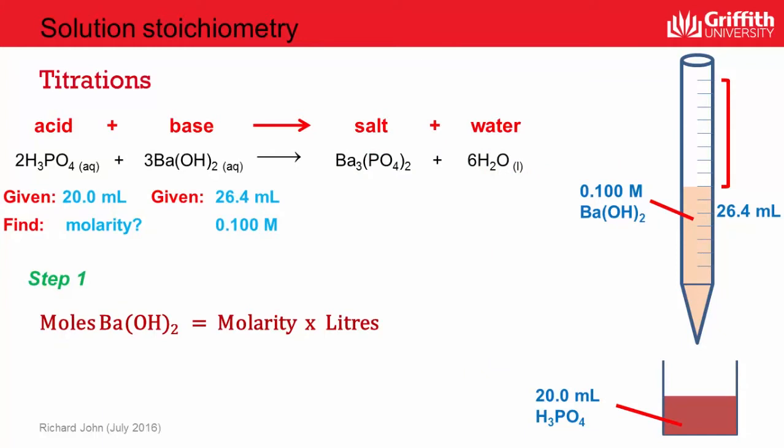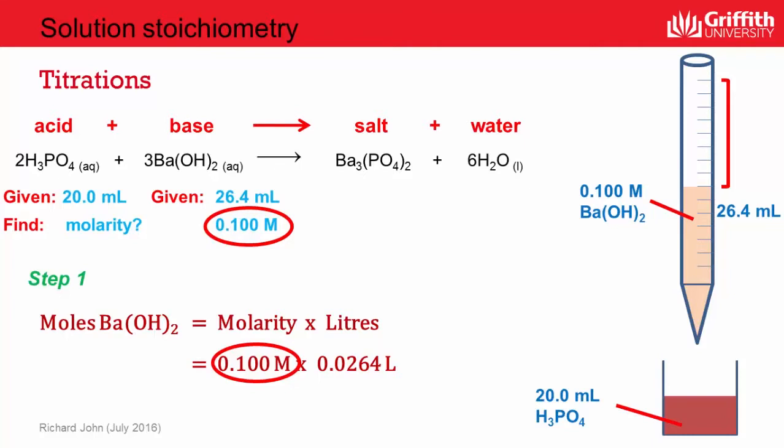So, step 1, moles of barium hydroxide will equal molarity times litres. Remember our molarity equation, molarity equals moles over litres. That can be rearranged to make moles the subject. Moles equals molarity times litres. So moles of barium hydroxide equals molarity of barium hydroxide times litres, and we get 0.100 molar times 0.0264. The 0.100 molar we were given, that's the standard solution.